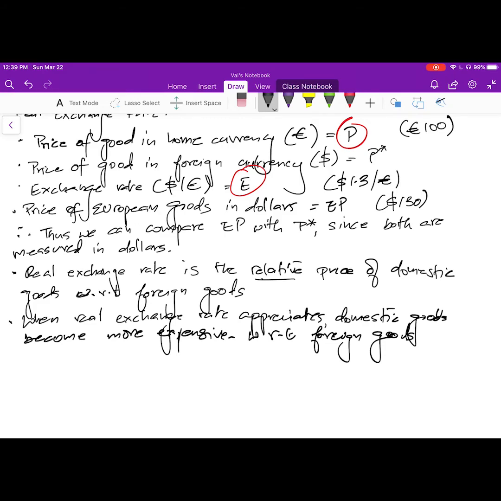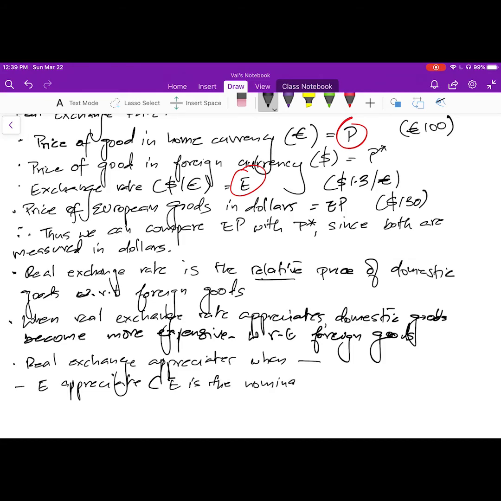Okay, so now what causes real exchange rate to appreciate? It's obvious, right? If you look at the formula EP over P star, which is the formula for real exchange rate, it can appreciate if E appreciates, and E is the nominal exchange rate.